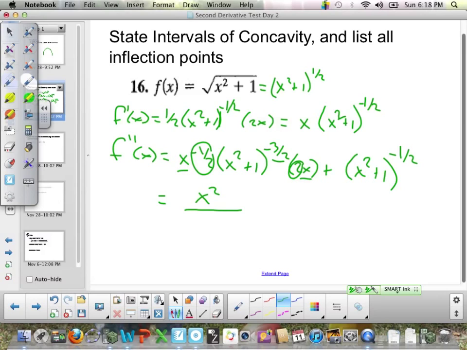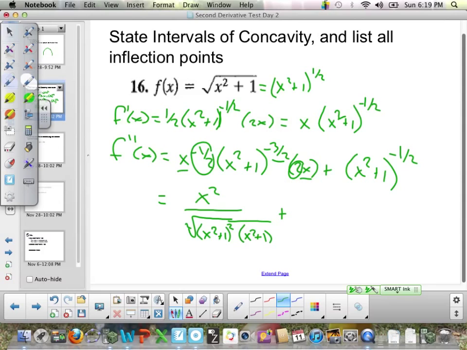That's going to put it on the bottom. So it'll actually be the square root of x squared plus 1. Since it's to the 3/2, it's like saying squared and then times itself again. That makes simplifying it just a little bit easier.